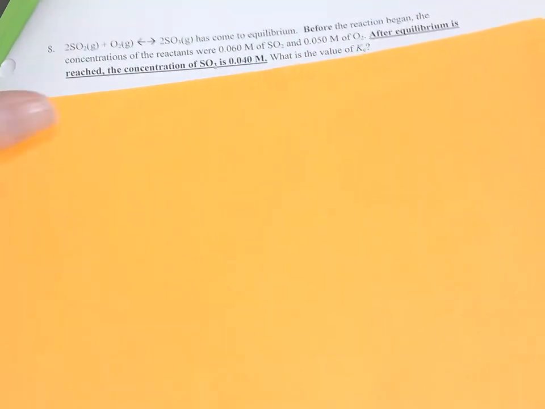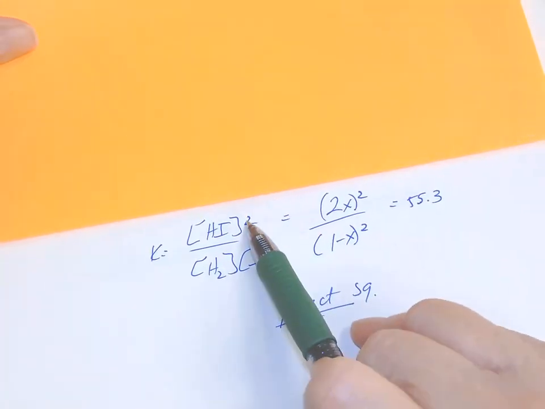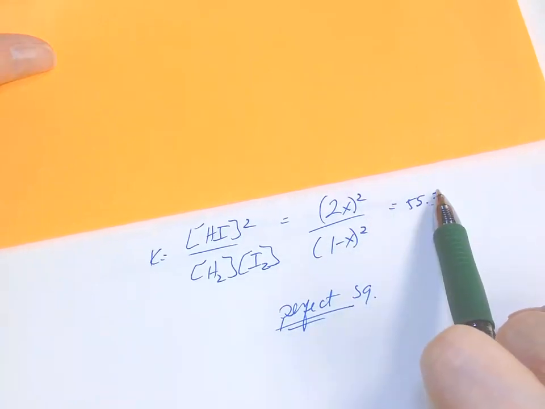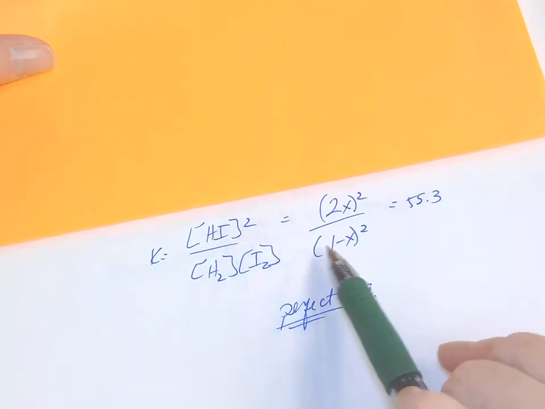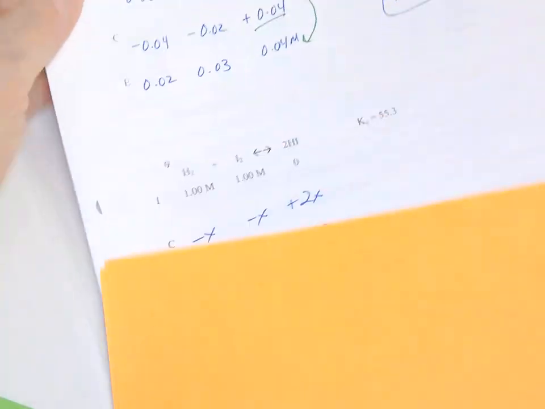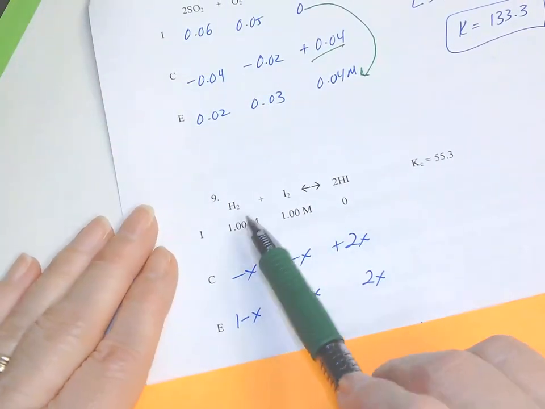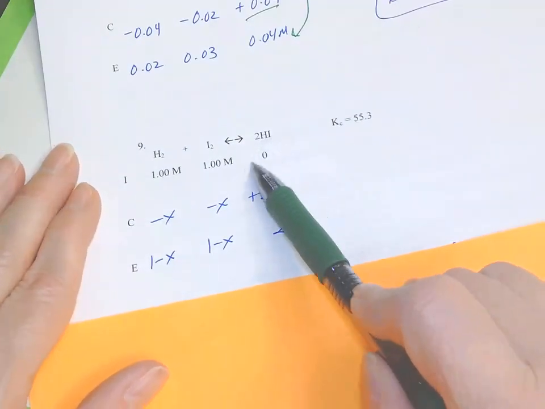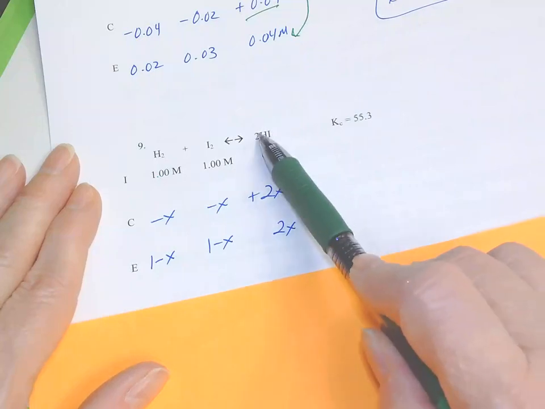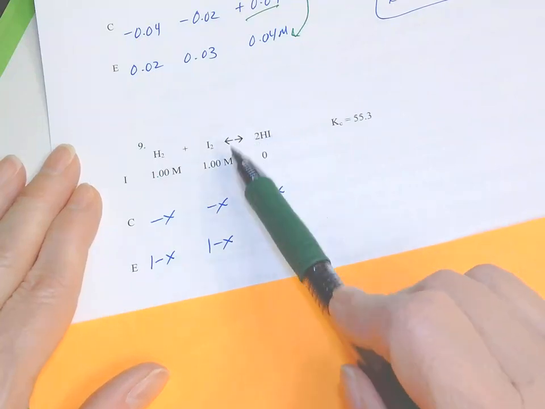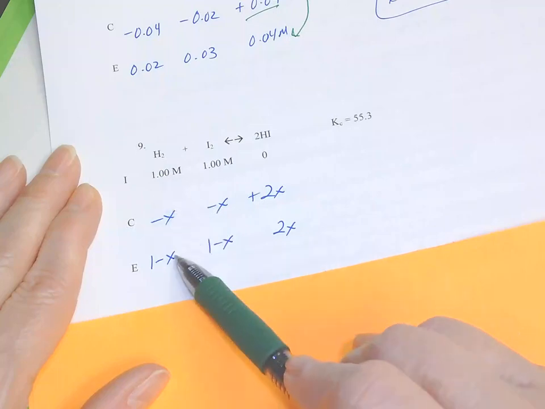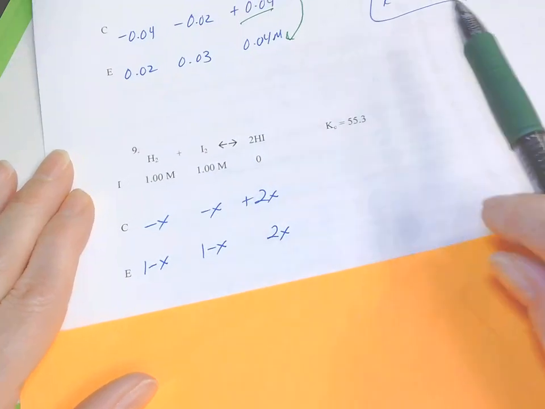So number 9, you're going to have to wait or feel free to do the perfect square. You have all of your variables in terms of x's. So if you look at this, we know we shifted our equilibrium to the right to make 2x because of the stoichiometry, to lose x and x, 1 minus x, 1 minus x, 2x.